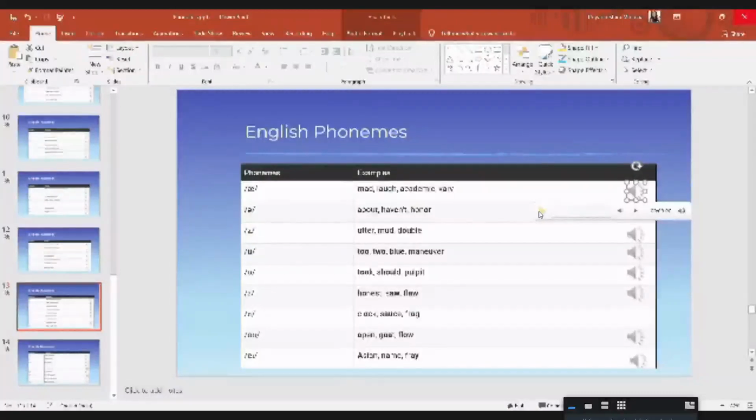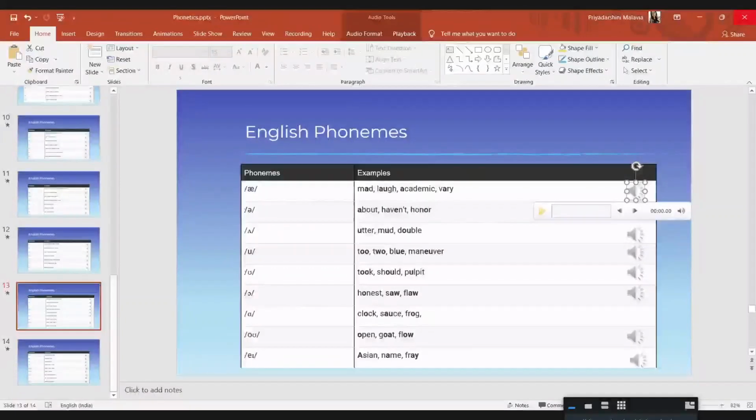For mad, the pronunciation they're trying to show is the a sound. Even in our accent, the way Indians speak English, we say laugh with more of an R sound. So these are minor variations. It doesn't make a huge difference.